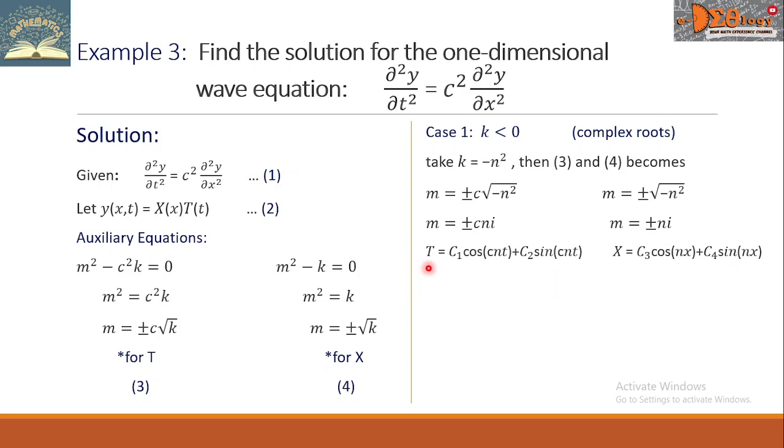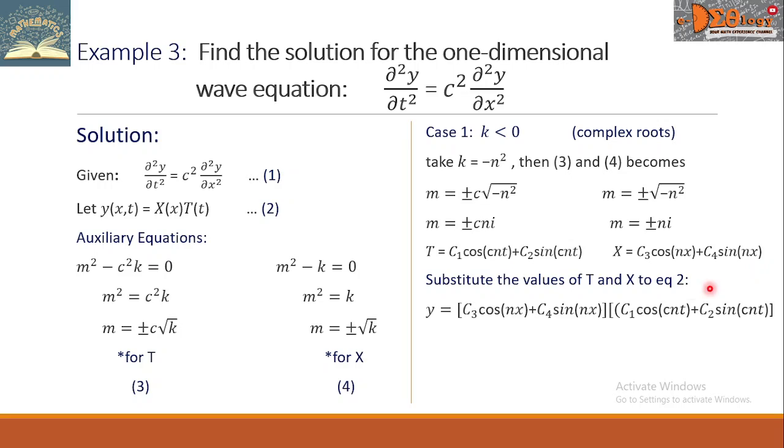So the value of T is equal to c sub 1 times cosine of the quantity cnt plus c sub 2 times the sine of the quantity c times n times t. Now for the other m, that is for the variable X, capital X now equals c sub 3 times cosine of the quantity nx plus c sub 4 times sine of the quantity nx.